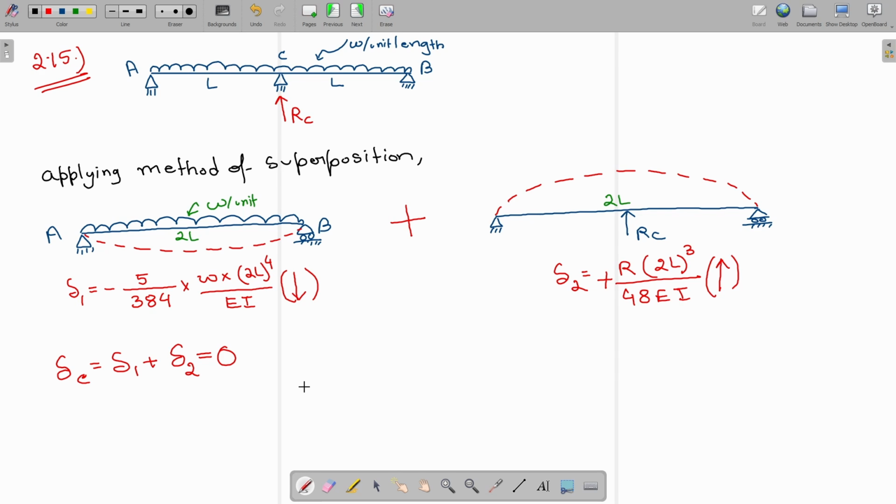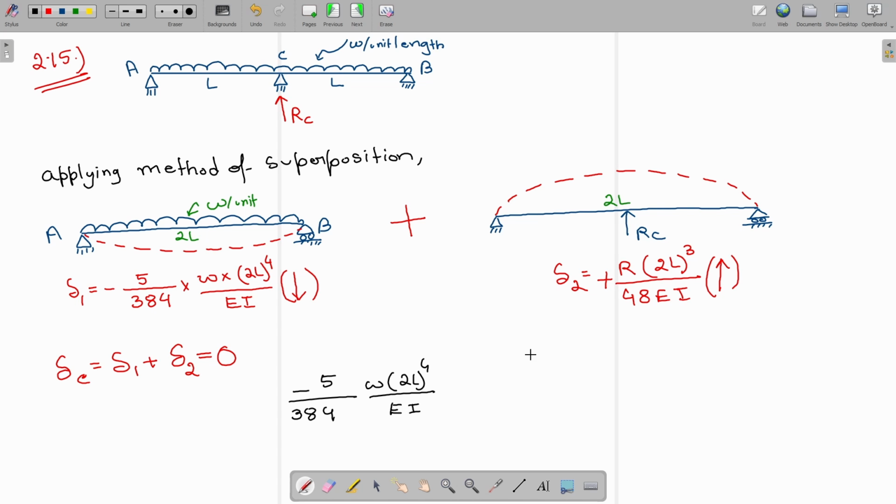Therefore, minus 5 by 384 W into 2L to the power 4 by EI, plus R into 2L whole cube by 48 EI.